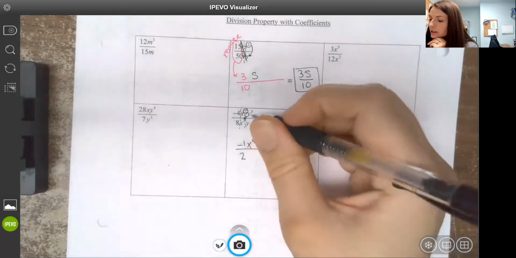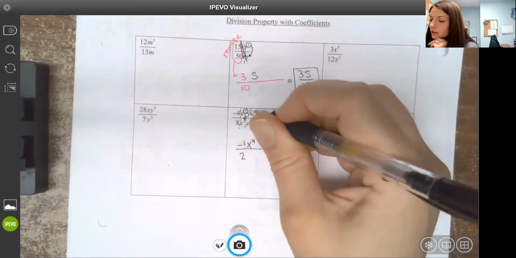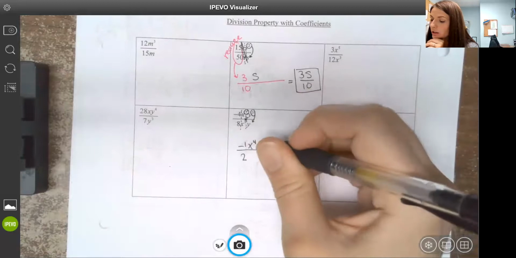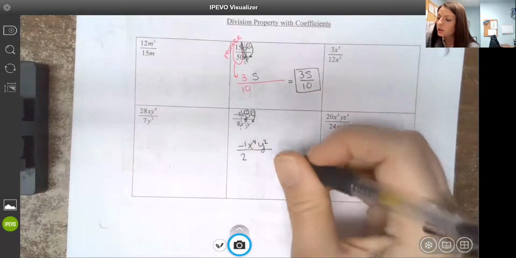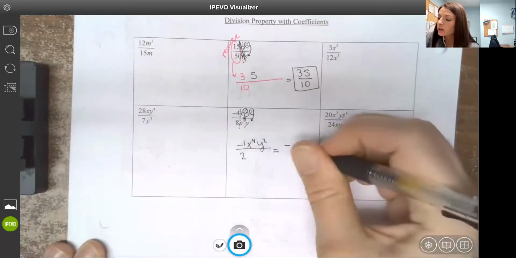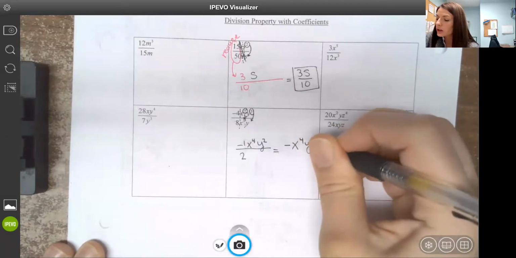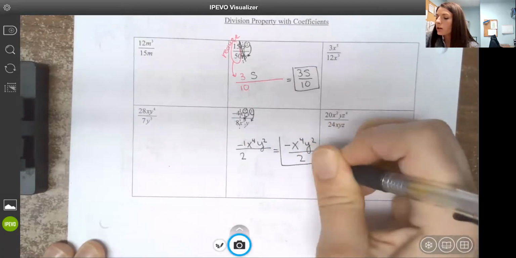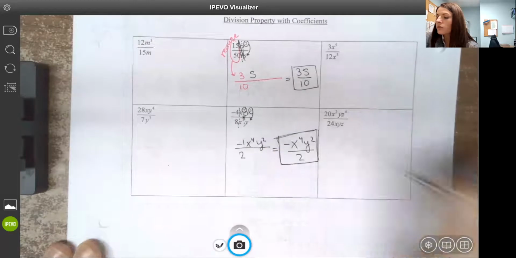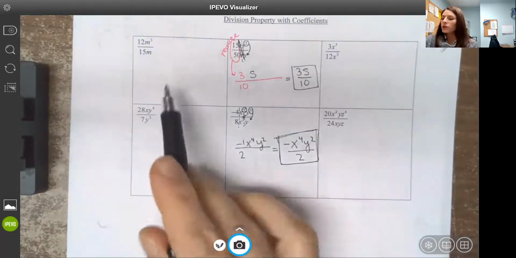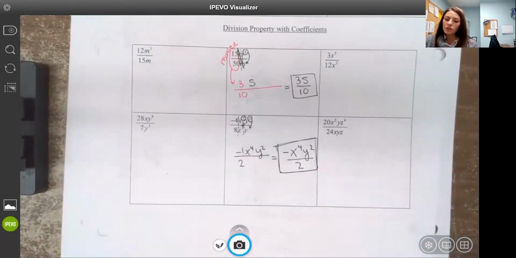And for my y's, I also have more in the numerator than the denominator. And 3 subtract 1 gives me 2. And I could rewrite this without that -1. I could write -x to the 4th y squared over 2.